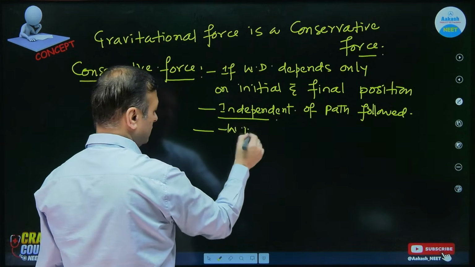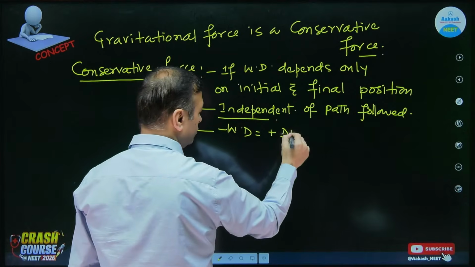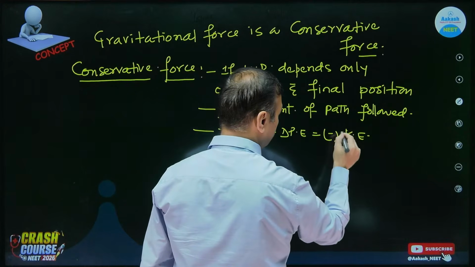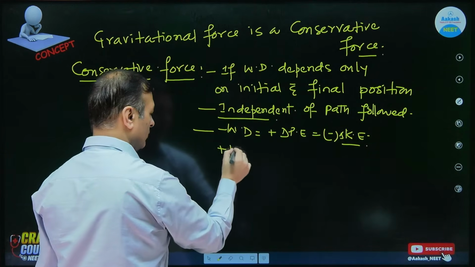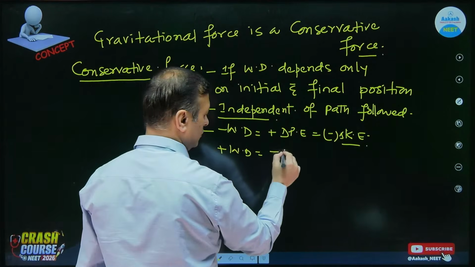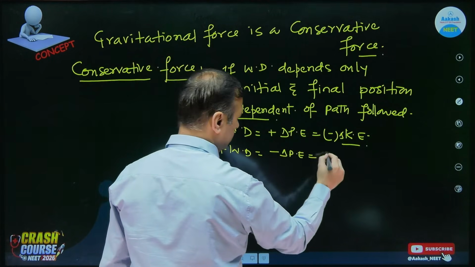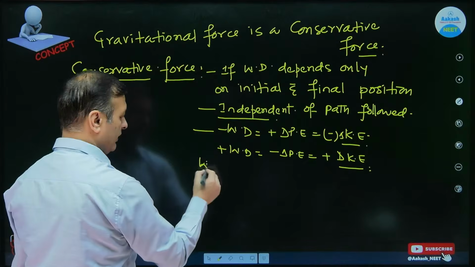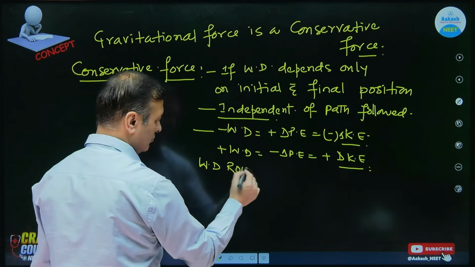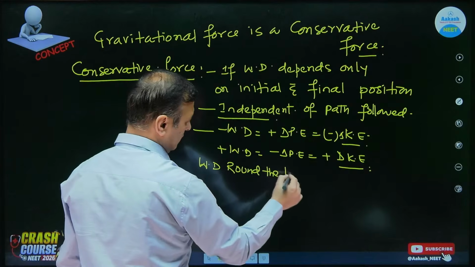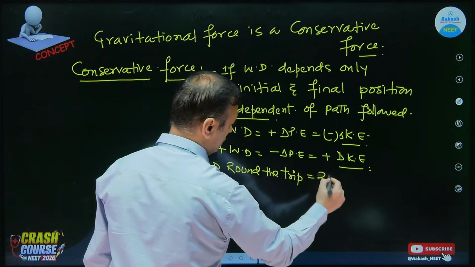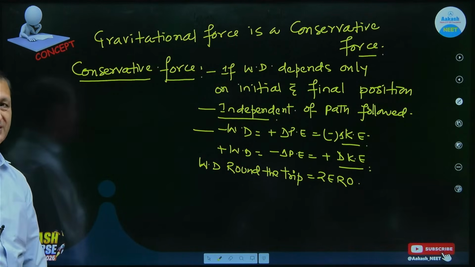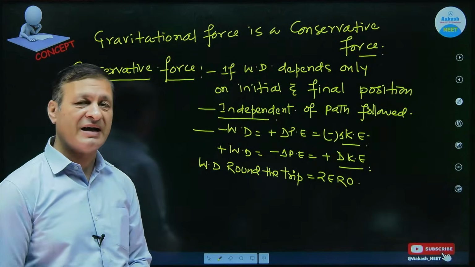The negative work done gives you an increase in potential energy or a decrease in kinetic energy. Got it? Whereas positive work done gives you a decrease in potential energy and an increase in kinetic energy. And work done round the trip is 0. So all these are the properties we have just discussed, that qualify the force as a conservative force.